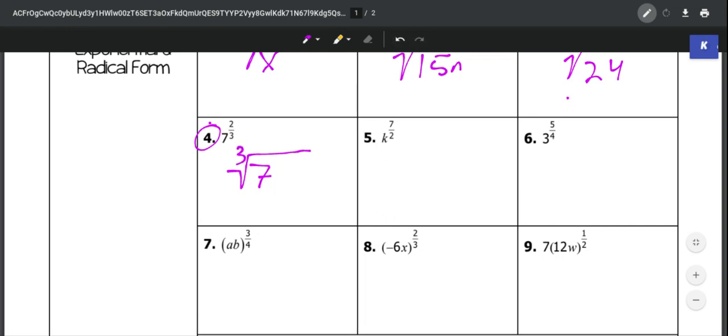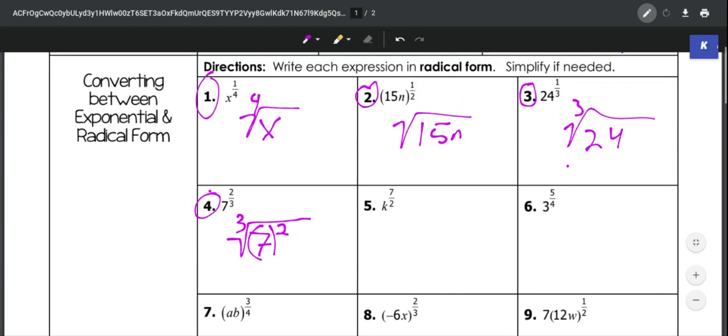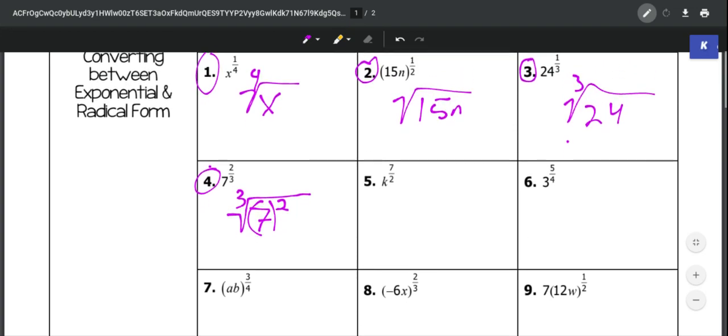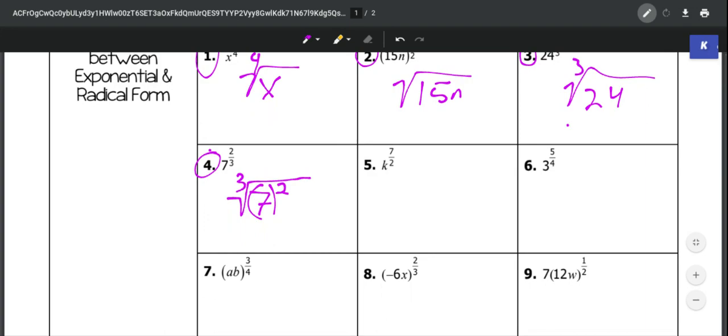That denominator is always going to be our index. And now this 2, that is our numerator, stays under the radical, and it makes 7 to the 2nd power. So a good way to remember it is when you have a fraction as an exponent, the top of the fraction stays in the radical.